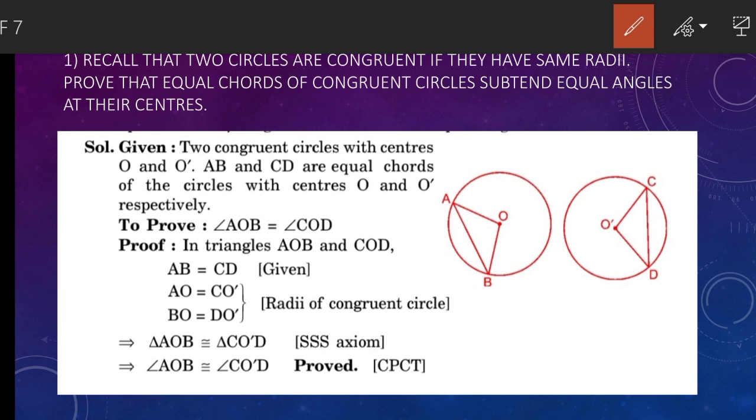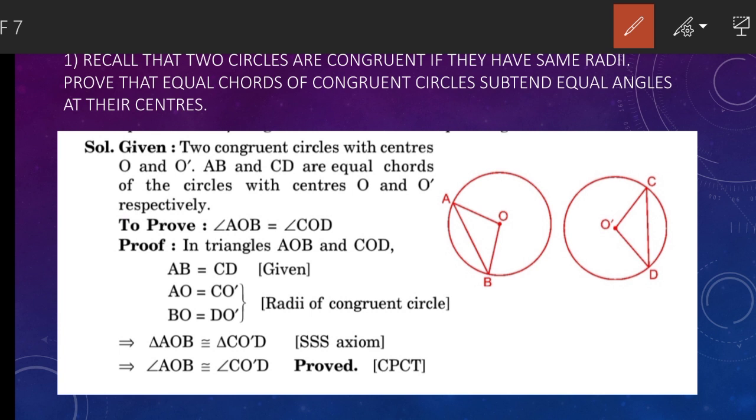Suppose we have a circle like this one with center O and another circle with center O dash. If AO and O dash C are equal, then only we can say that these two circles are congruent circles. Or otherwise, we can also explain this in this way.